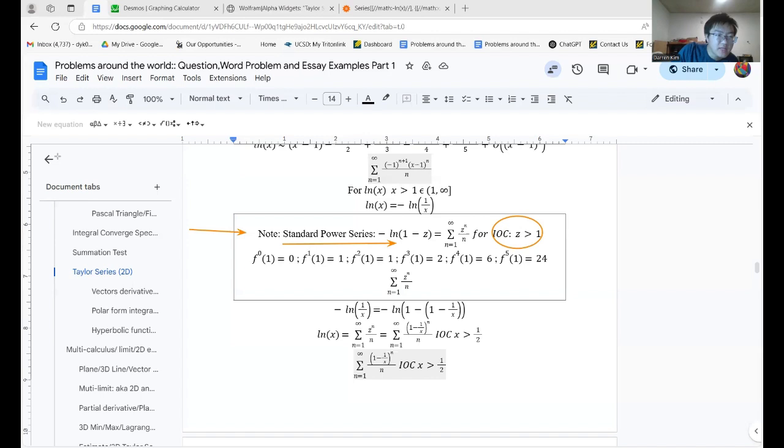I think the last video you showed one because of that. This is correct. This is a-okay. This is fine. But over here it changes to x is greater than 1 half instead, which is way better. It basically means it can converge even more.